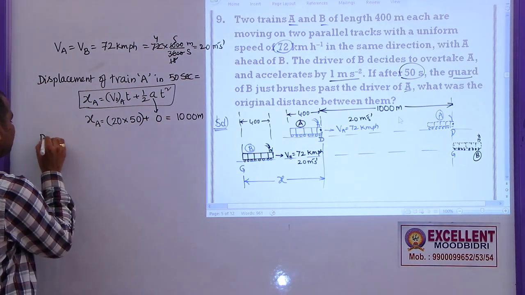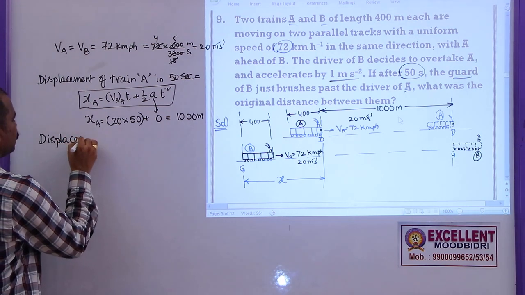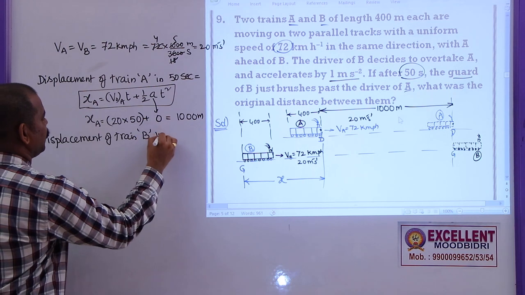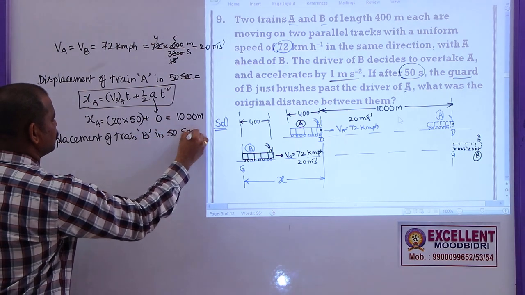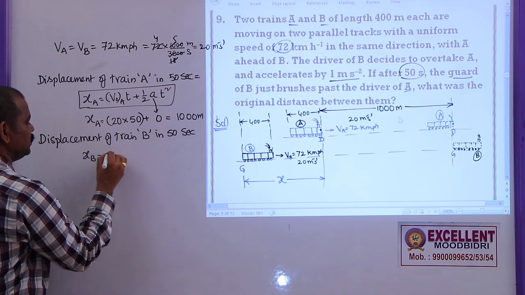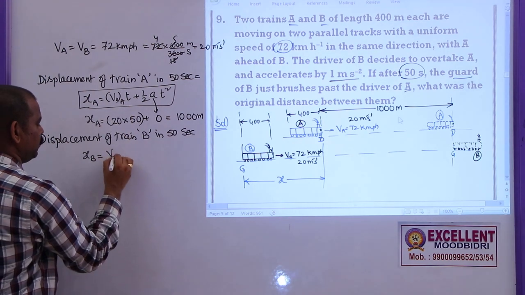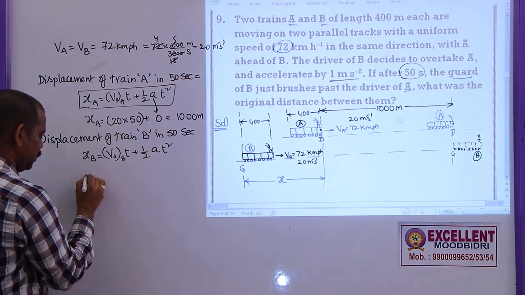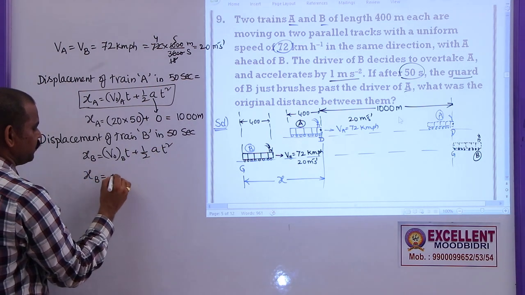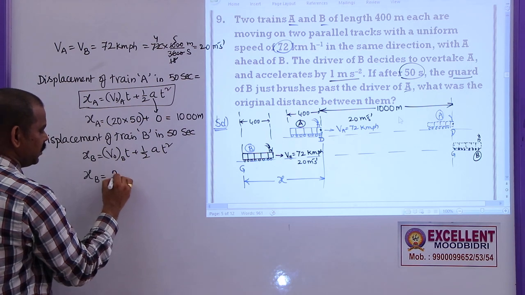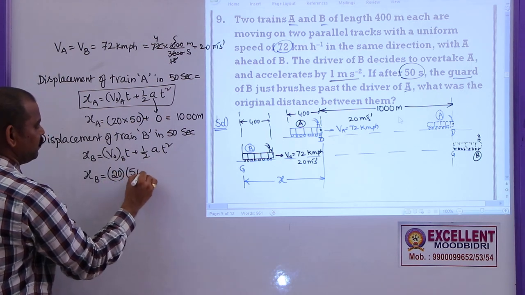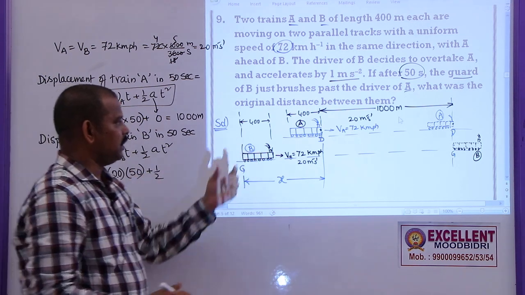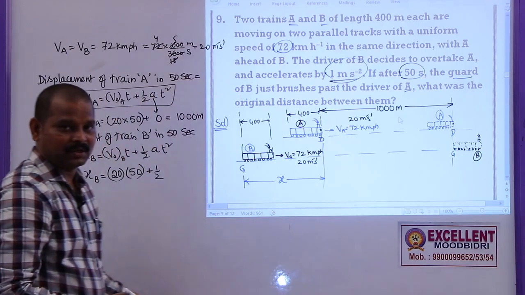Now, what is the displacement of train B in 50 seconds? This is x B, which is given by the same formula, V naught B t plus half a t square. So, displacement of train B is given by the initial velocity of this train, which was 20, into the time of travel 50, plus now, the second train is accelerating with an acceleration of 1 meter per second square.